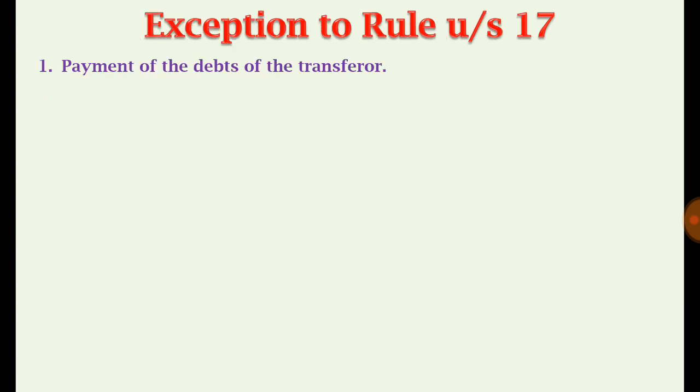There are certain exceptions to this rule. First exception is payment of debts of the transferor. At the time of transfer, if the transferor has some debts or liabilities to pay, for that purpose the transferor can give directions to the transferee for the accumulation of income and for the payment of debts that he has borrowed.